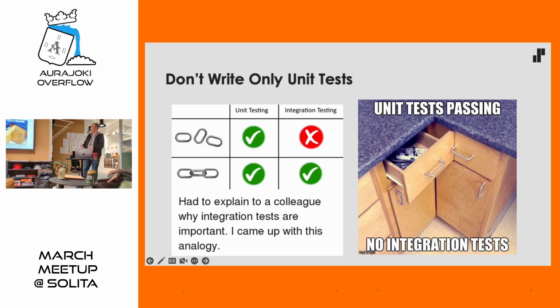But if you have both kinds of tests, all the specific links are working and also the whole chain is working. And a classical example is kitchen design where the unit tests are passing, all the drawers are coming out, but if you try to use them at the same time, not so good an idea.